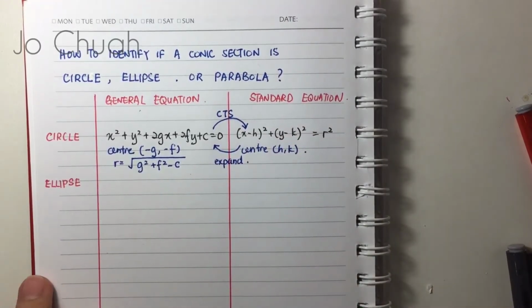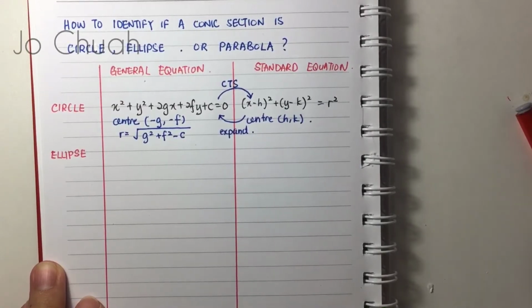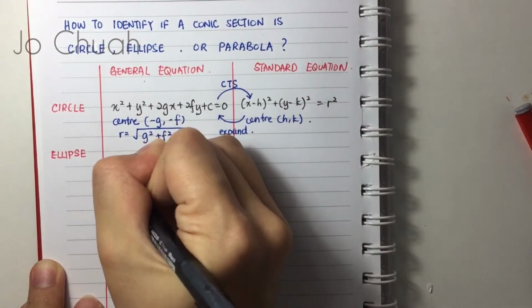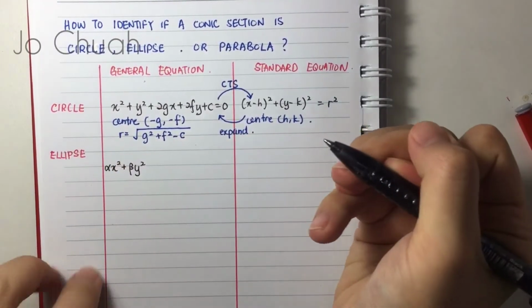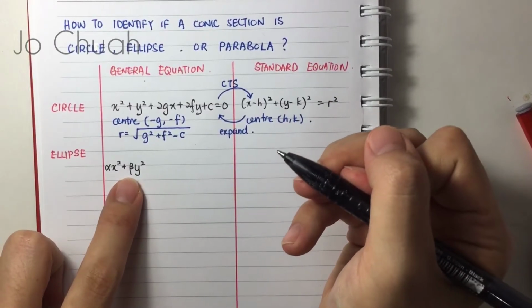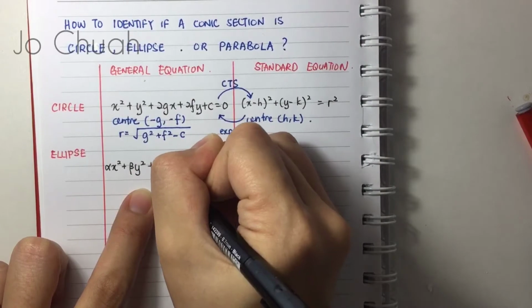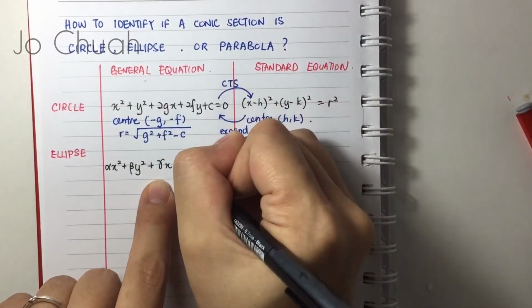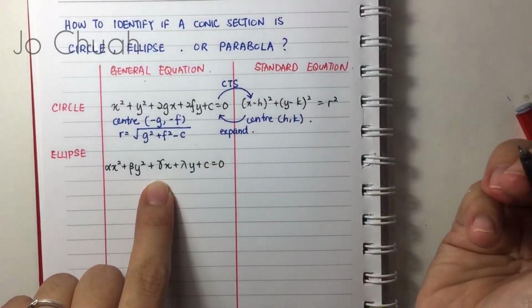Alright, what about an ellipse? The difference between a circle and an ellipse is that it will look something like this: alpha x squared plus beta y squared plus gamma x plus lambda y plus c equals 0.